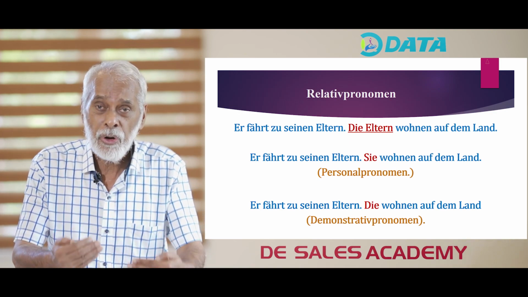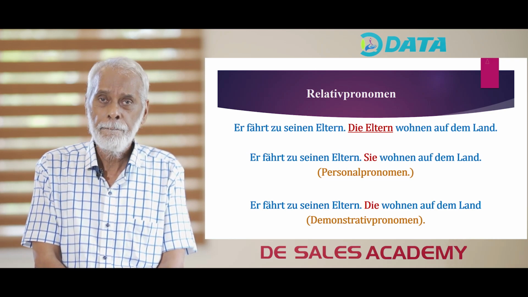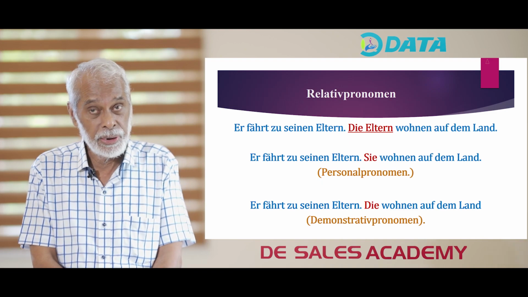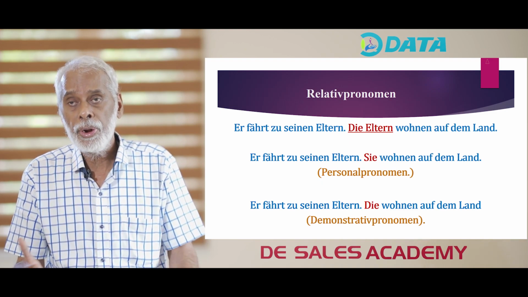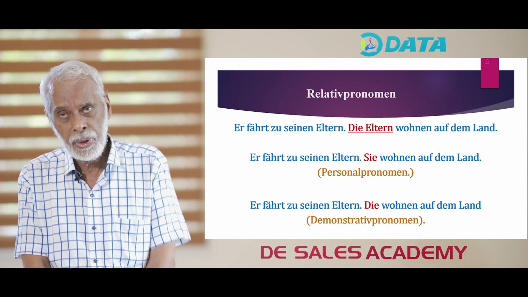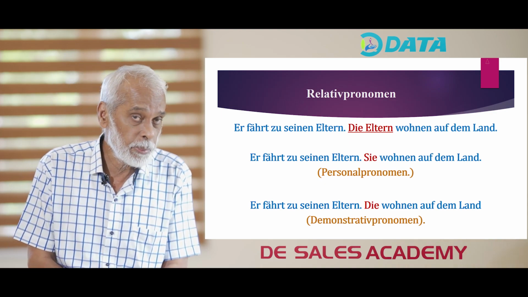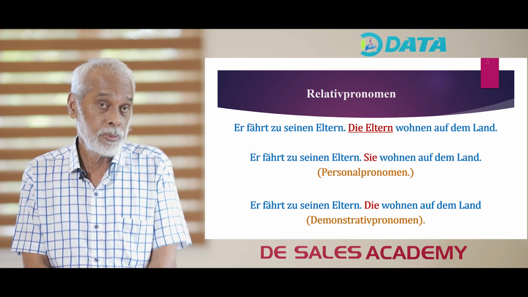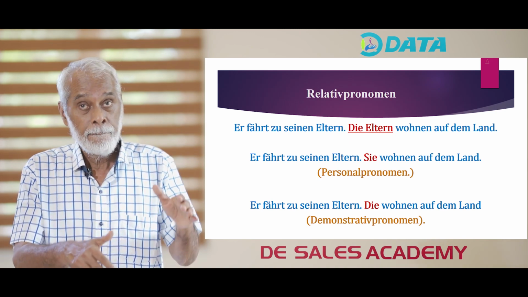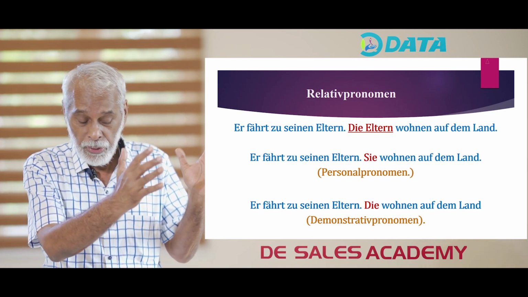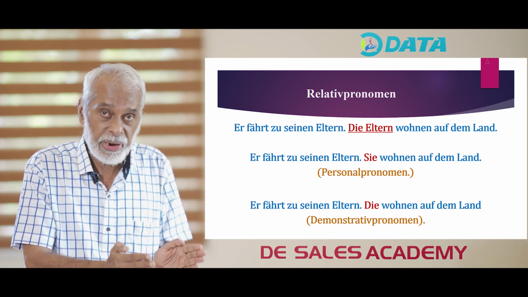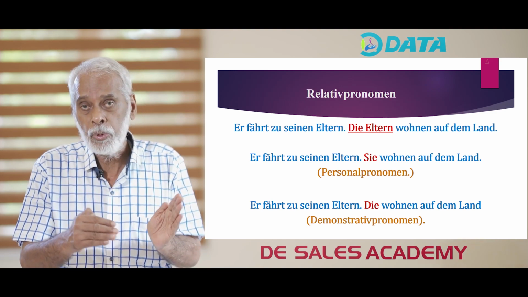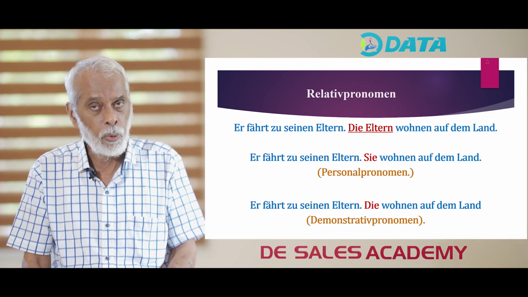And going one more step ahead, we can say, er fährt zu seinen Eltern, die wohnen auf dem Land. And here die is no more a personal pronoun, it is a demonstrative pronoun. So look, from the noun we have come to the level of personal pronouns, and from personal pronouns we have come to demonstrative pronoun.